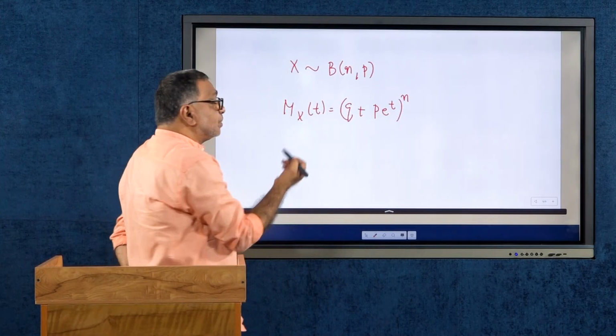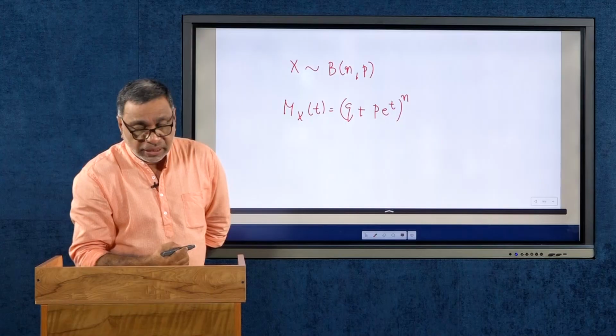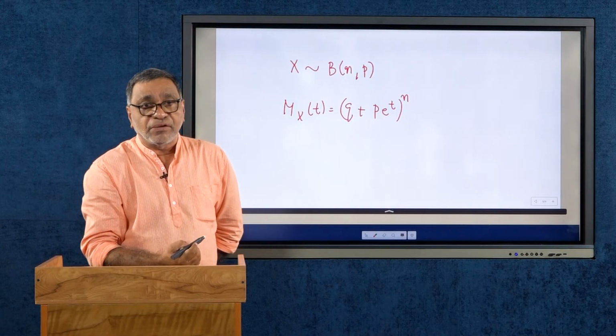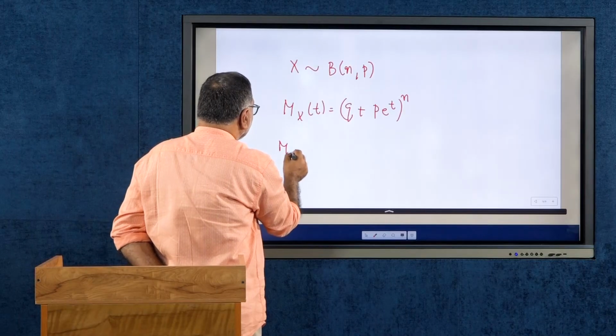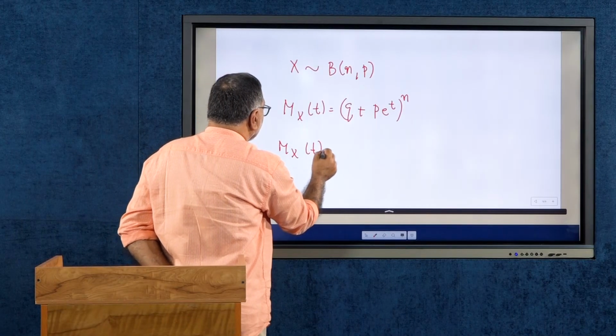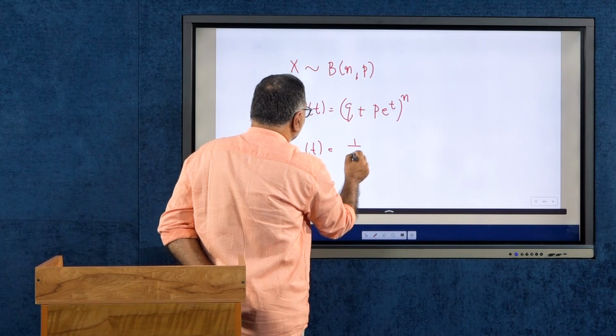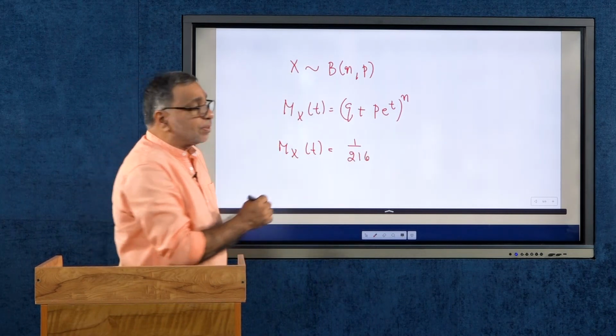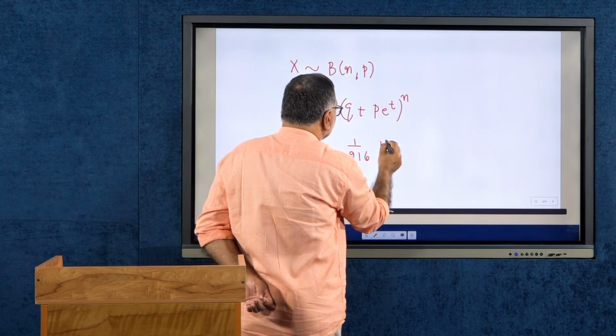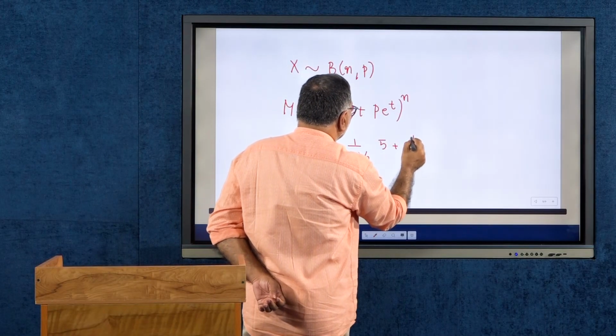And what is given to you? You are given that x is a random variable having the moment generating function M_x(t). The problem gives that M_x(t) is equal to 1 divided by 216 into (5 plus e power t) power 3.